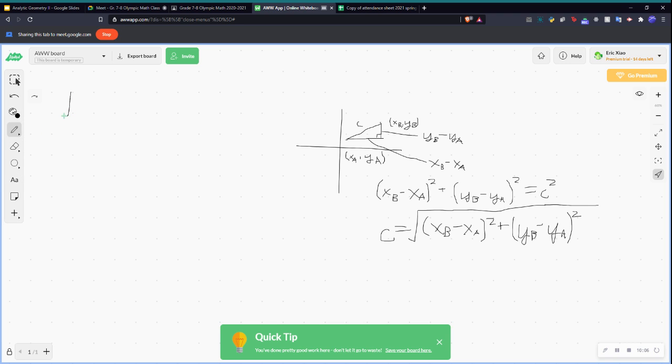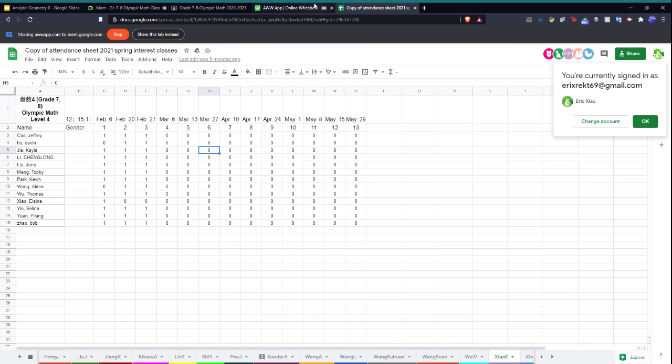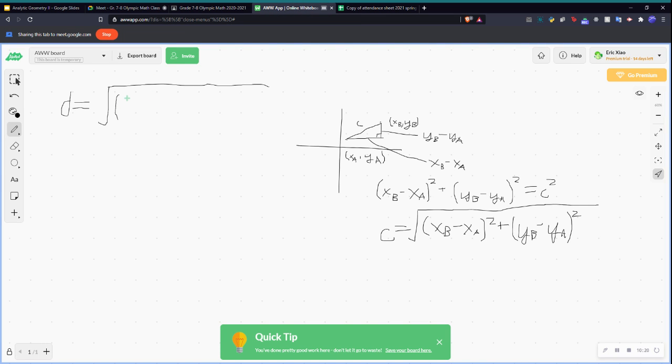Okay, let's call our distance d. So remember that formula, we take the difference of the x coordinates. So that's our first point, 4 comma 7, and second point, 3 comma 15.